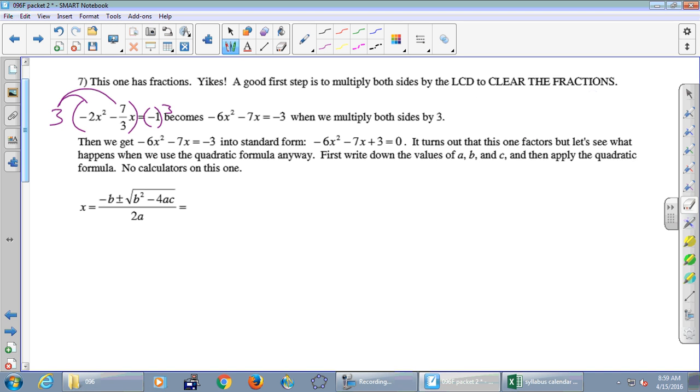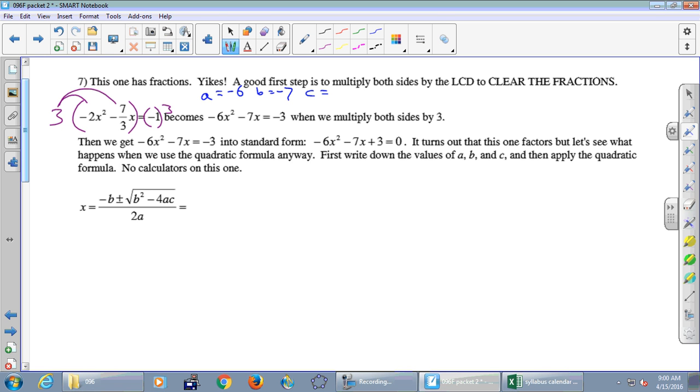Okay, and then on the right-hand side, 3 times negative 1 is just negative 3. So here, I multiplied everything by positive 3. Okay, so I am ready to read off the A and the B and the C. How much is A? Negative 6. Somebody else, how much is B?